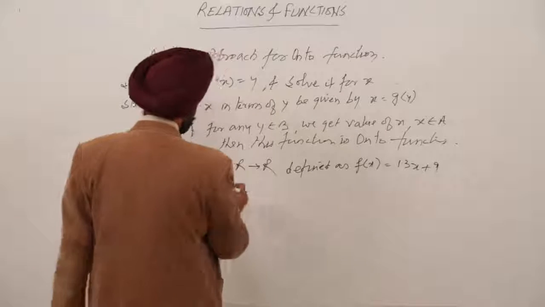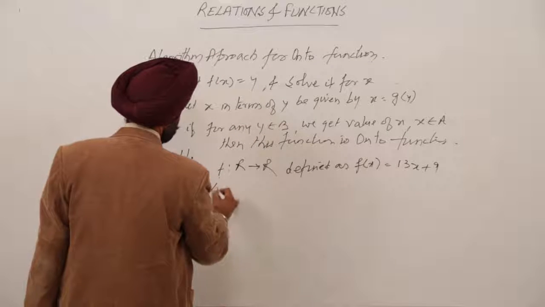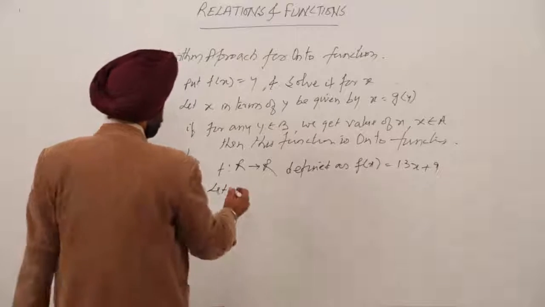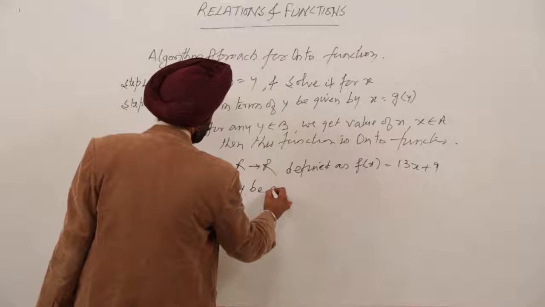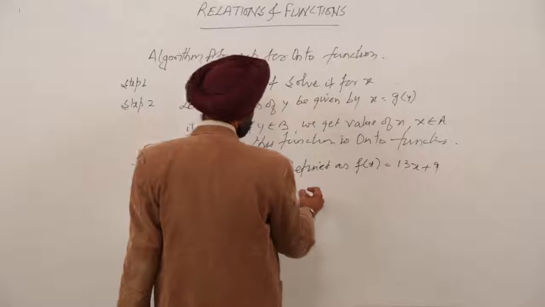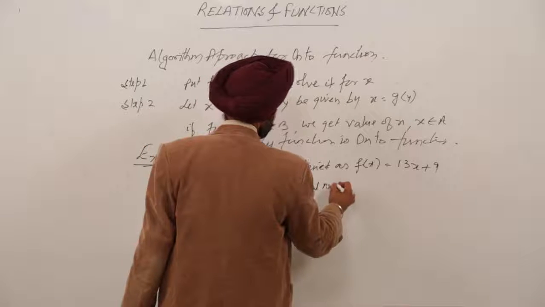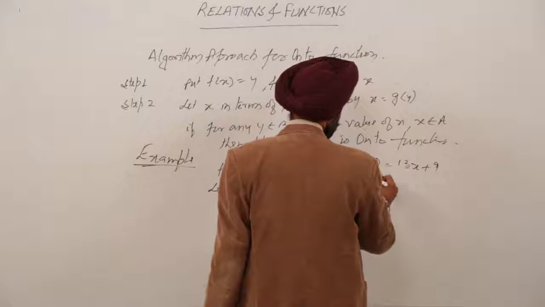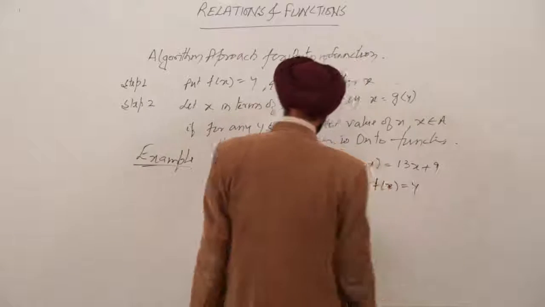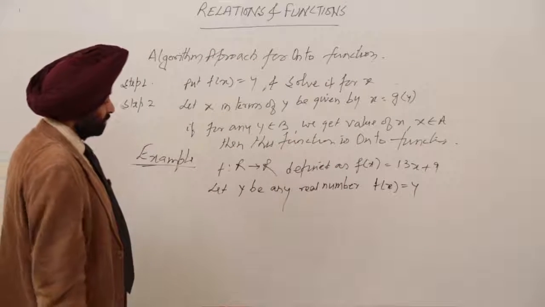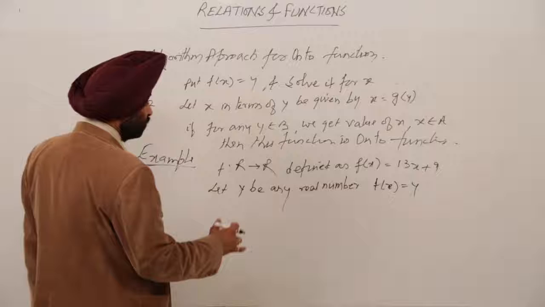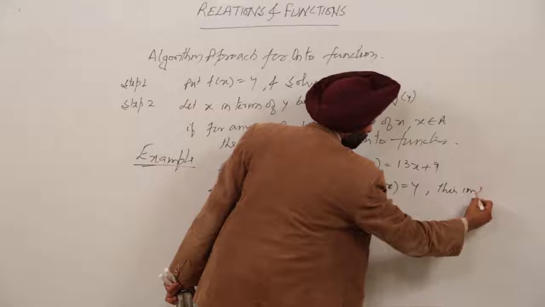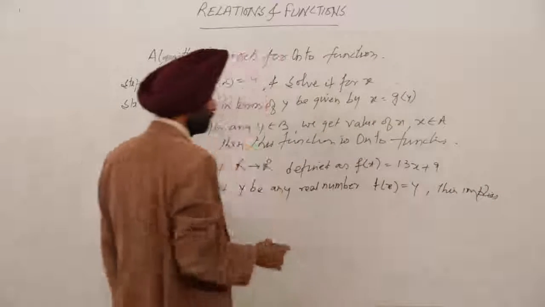Now how to proceed? As we have written here, let x in terms of y. Let y be any real number, for example, where f(x) is equal to y, and what does this imply?